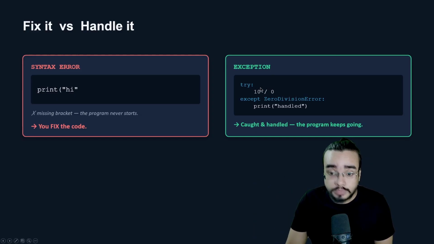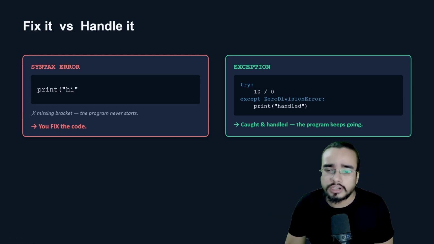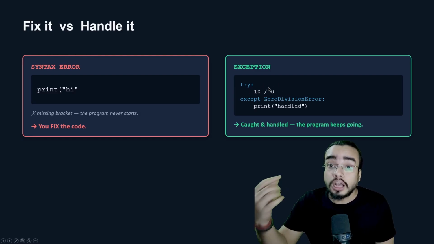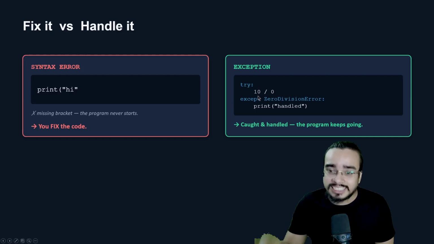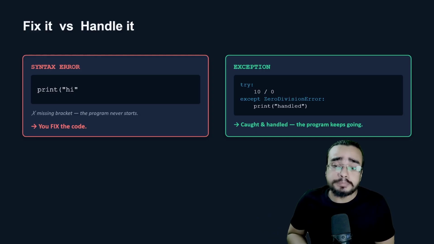So let's say this is the risky part, because 10 by 0 is not defined, right? Or is it infinite? You can write in the comments, I can't remember what exactly it was. So this is a risky part. Python will show an error, so we put this inside the try, and if this is showing an exception, the except block will be executed. So you can wrap an exception in a handling condition. You can handle it, but you cannot handle a syntax error.